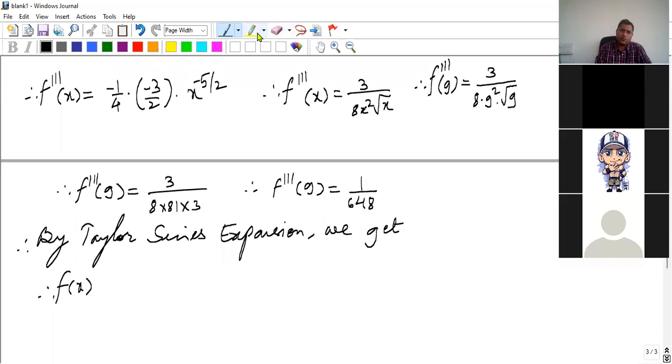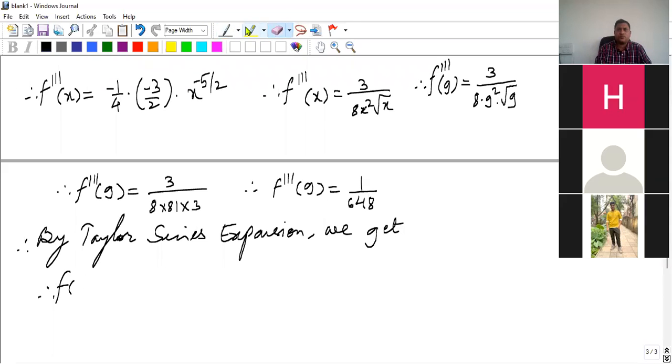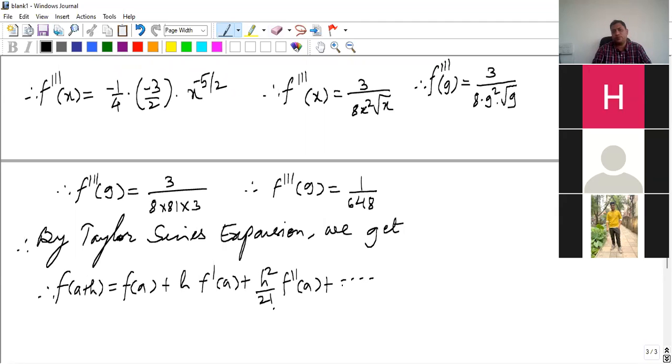Now here we have to use a plus h. So here we have f of a plus h is equal to, this is the formula that we are going to use: f of a plus h times f dash at a plus h square by 2 factorial f double dash at a and so on.